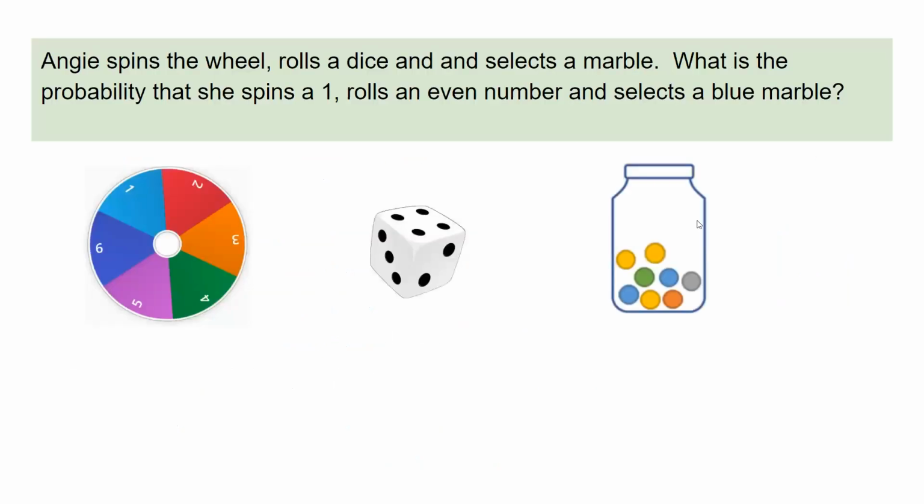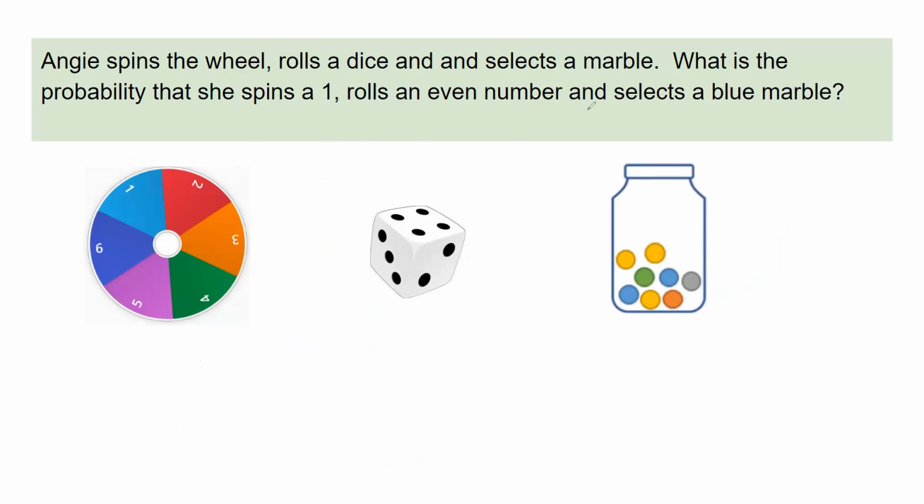All right, let's move on. We're almost done here. I just want to do one slightly bigger example here that demonstrates a lot of the things that I just talked about. Angie spins a wheel. She rolls a dice, and she selects a marble. What is the probability that she spins a 1, rolls an even number, and selects a blue marble?